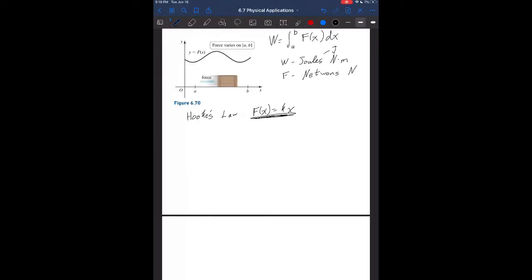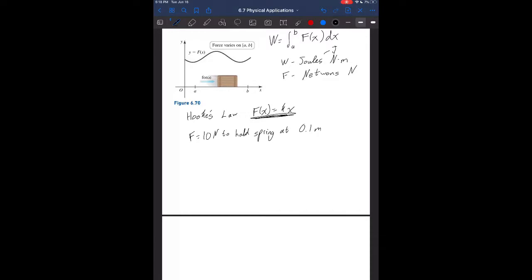Okay, so the specific problem we're going to look at for this is, let's say that we have some spring and we have it stretched out 0.1 meters and it takes 10 newtons to hold it right there. So a force of 10 newtons to hold the spring at 0.1 meters.